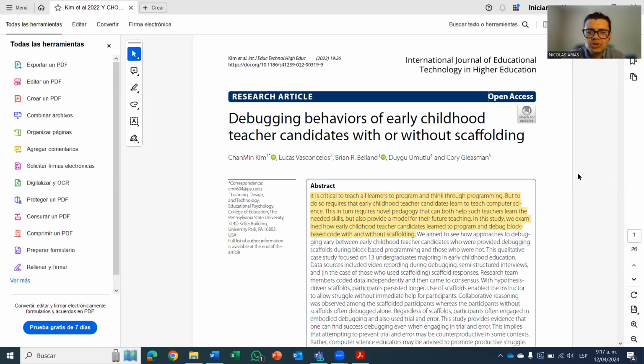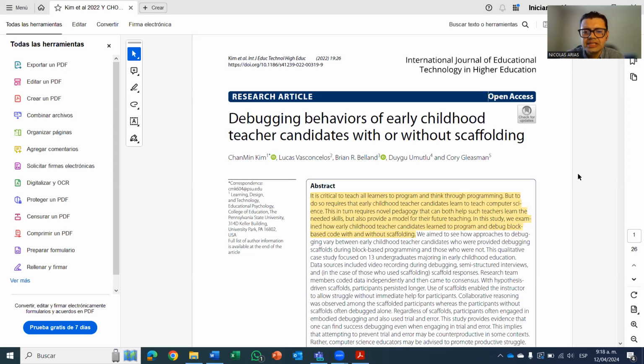But doing so requires that early childhood teacher candidates learn to teach computer science. This in turn requires novel pedagogy that can both help such teachers learn the needed skills, but also provide a model for their future teaching.